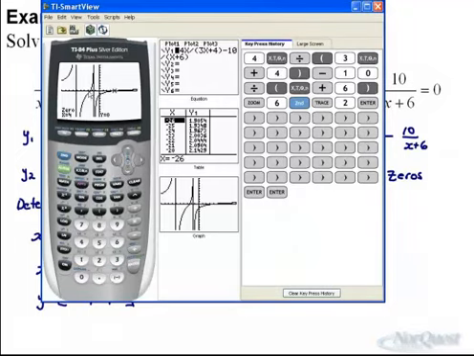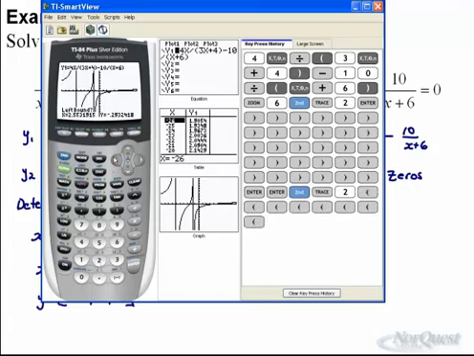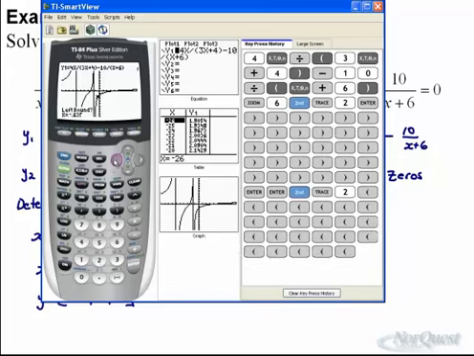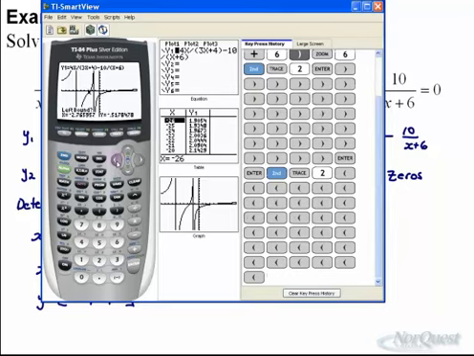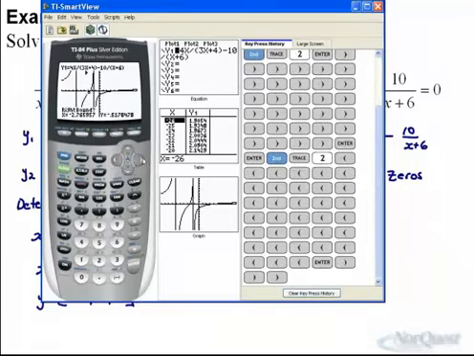Let's go find that other 0. Second function, trace. Option 2 for 0. Move our little flashing cursor, I call it a little bug, into that second region. Set a left boundary. Enter. Set a right boundary.